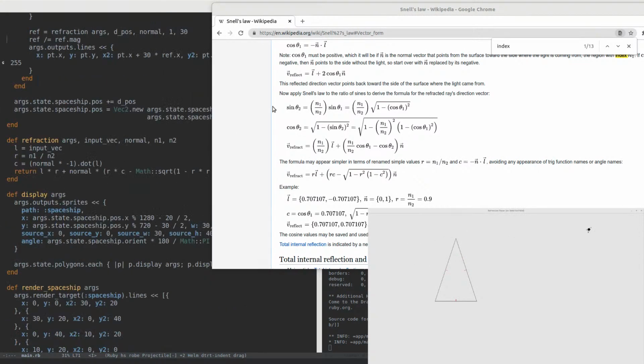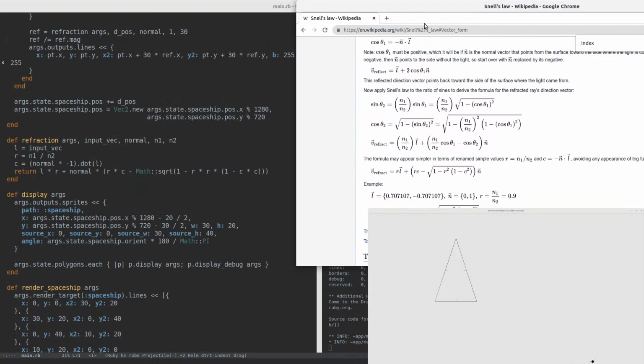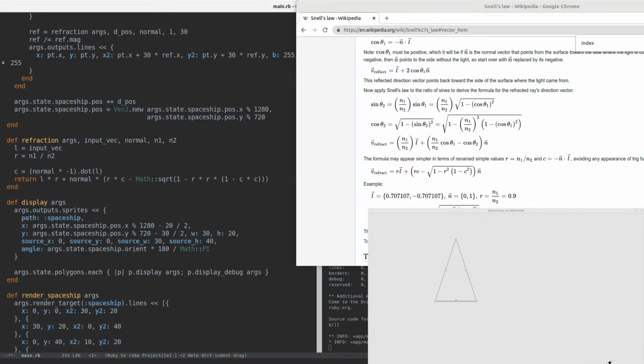refraction, okay. So we have our refraction is equal to R times L plus the normal vector times, oh, you know what? This should be normalized, shouldn't it? Normal equals, divide by equals normal dot magnitude, and maybe that'll fix it.